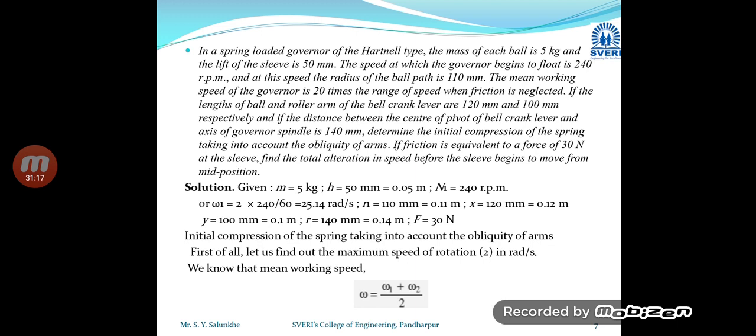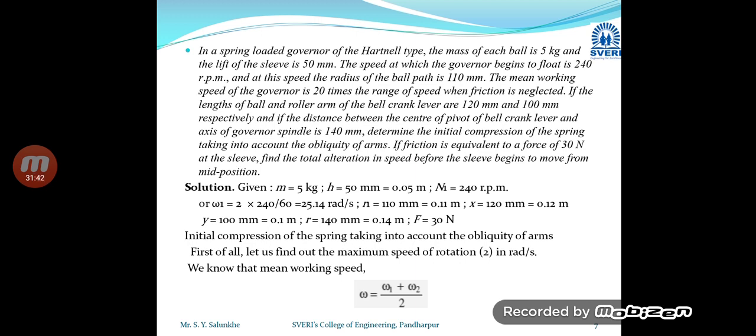So all formulas we have derived in form of omega, that is angular speed. That's why we have converted this speed as omega 1 is equal to 2 pi N divided by 60. So we are going to write here 2 multiplied by pi multiplied by 240 divided by 60. It will come as 25.14 radian per second.